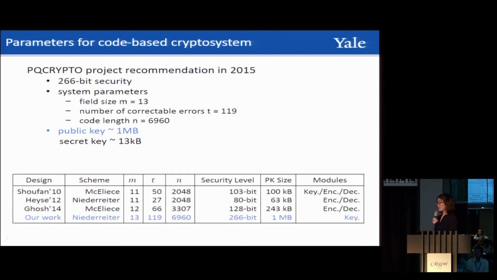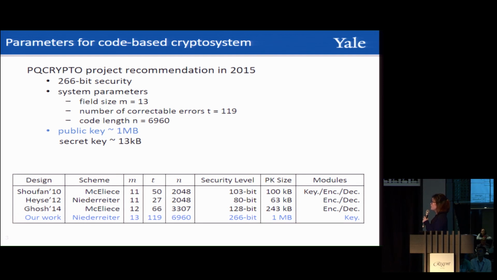To give you a better idea of what this security level means, I compared it with a few related works. There is one existing work which also included key generation in its design, published in 2010. But you can see that the security level they provided is only 103, while our work provided a 263-bit classical security level.